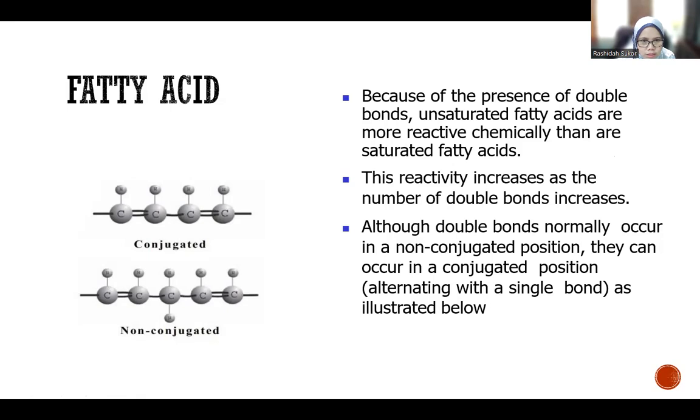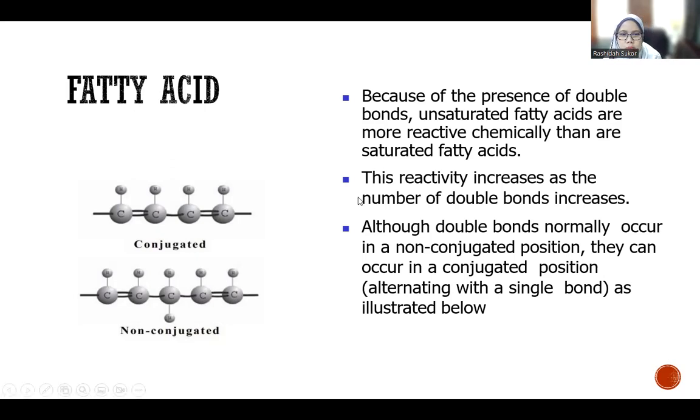If there is oxygen, it will react because of the double bond. Once it is saturated, it cannot react with anything else anymore.